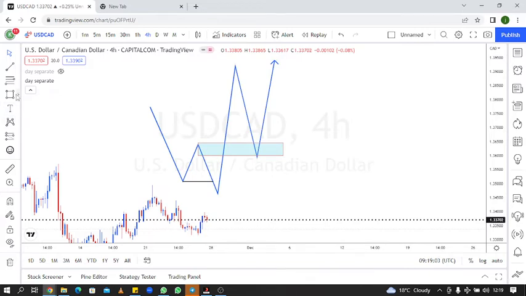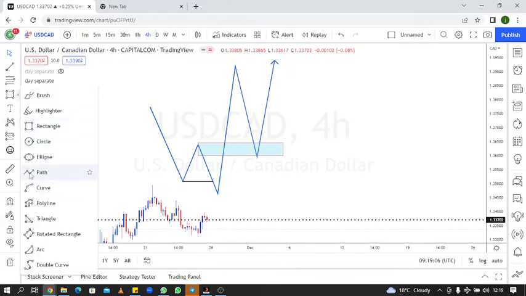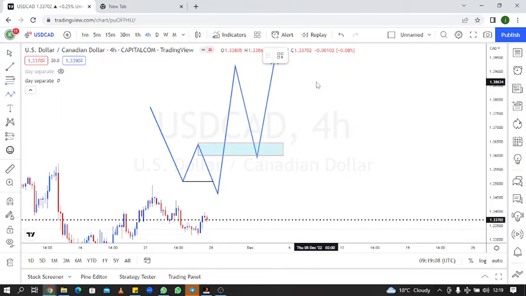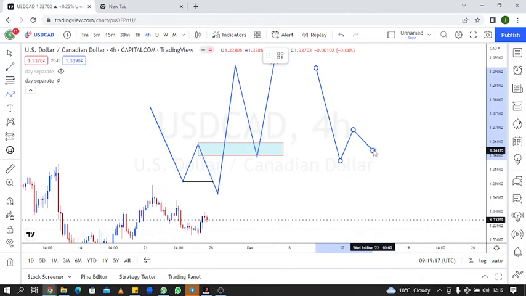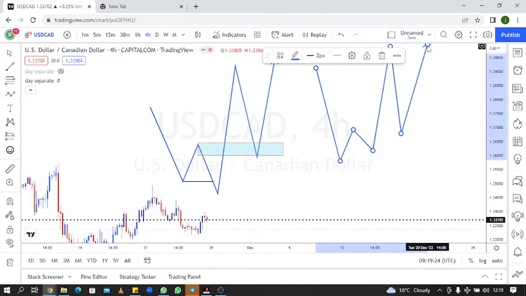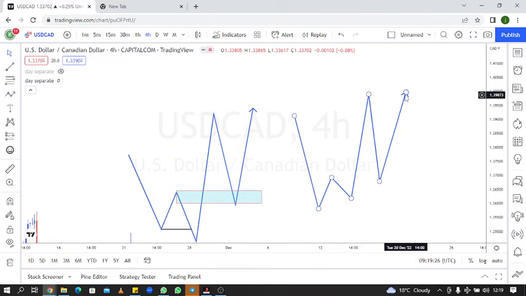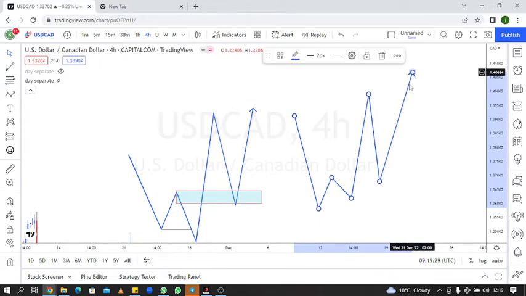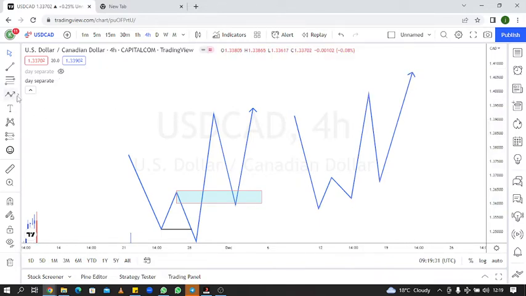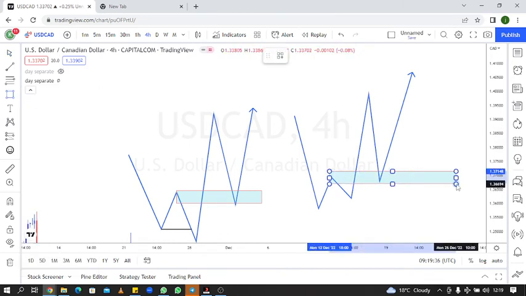Still, I will show you the same example for a mitigation block. So for a mitigation block, I think we all know that there is no sweep of liquidity. Liquidity is not taken. So this is an example of a mitigation block on a bullish move.